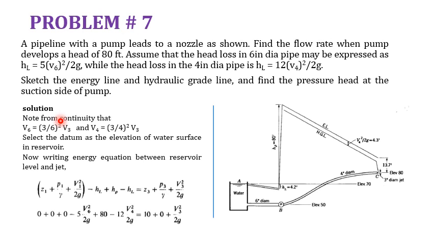But because we have to take a ratio of the area, pi by 4 will cancel out and we will only have their diameter values. So you can see that V6 will be equal to 3 over 6 square into V3, because area is pi by 4 d square, and V4 is 3 over 4 square into V3.